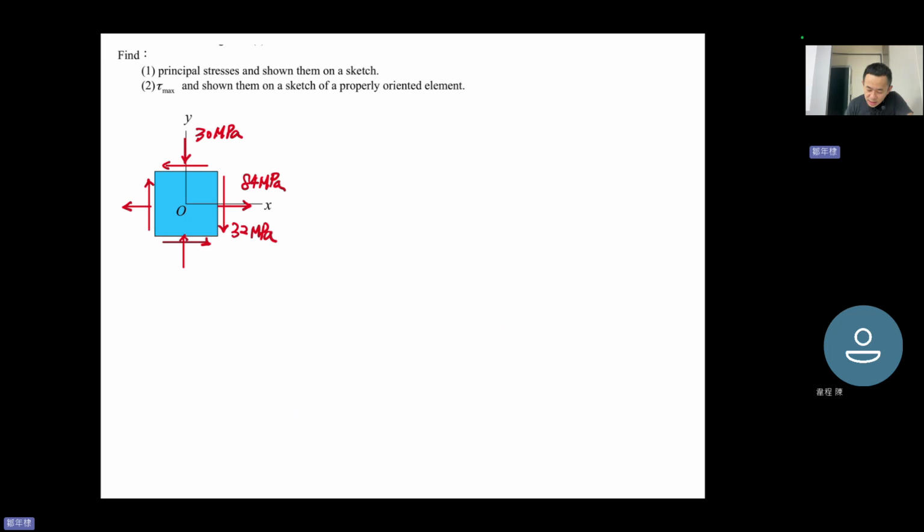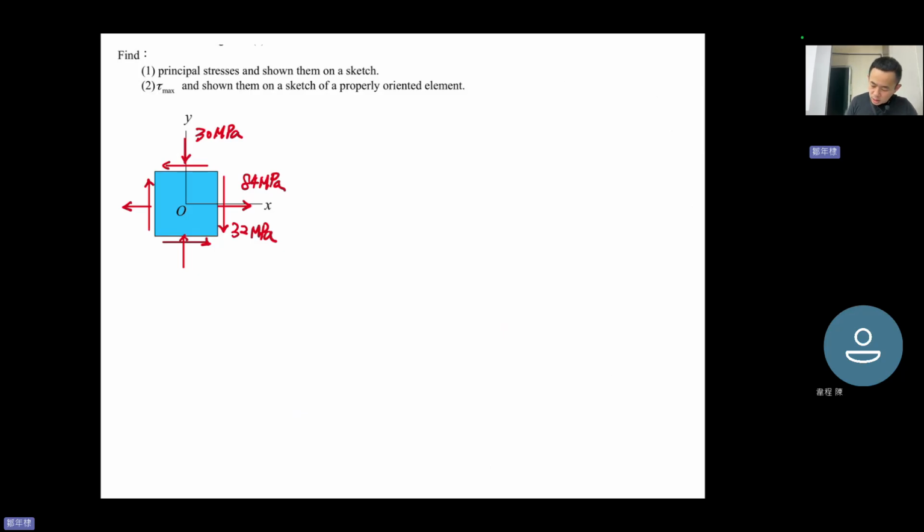It asks us to find the principal stresses and show them on a sketch, which means that you need to plot the stress element and tau max. Show them on sketch. Okay, let's do it.